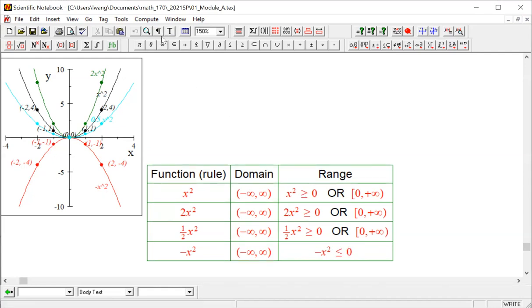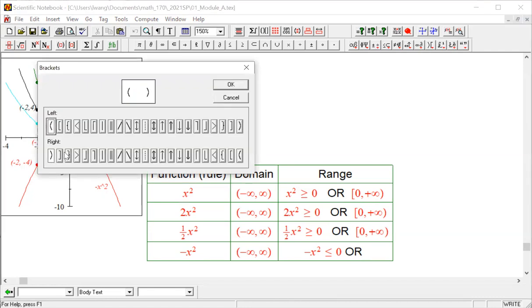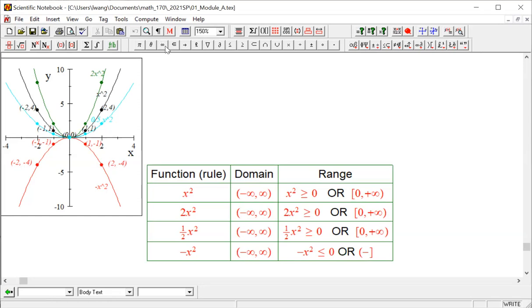In other words, as we see from the picture, the interval notation would be from negative infinity to 0. Okay, so this is the summary of all these pictures and their domain and range. And next time we're going to talk about the horizontal shifting and vertical shifting of x squared.